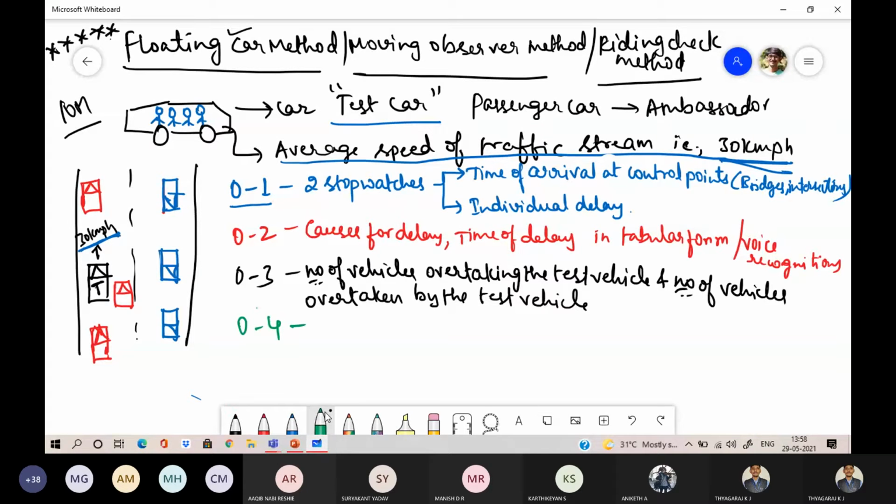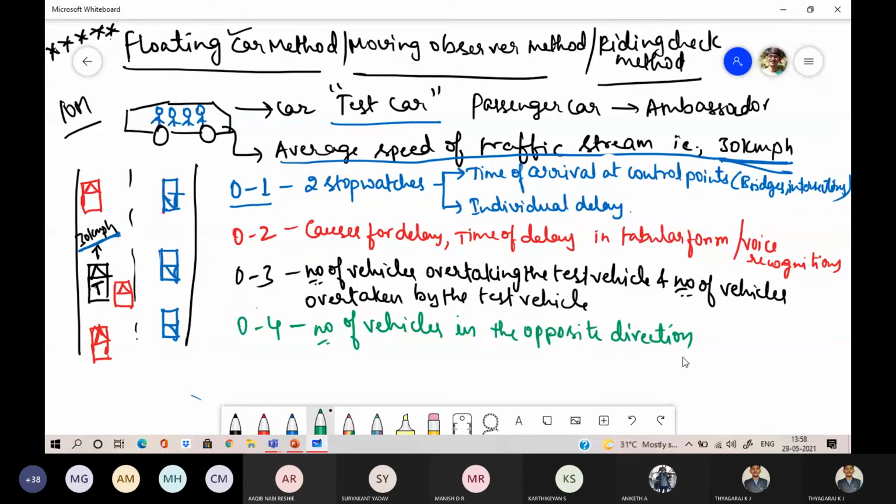Then the fourth observer will be noting down the number of vehicles in the opposite direction. Okay, I think you know what you mean by overtaking.